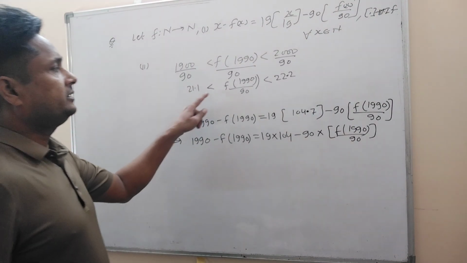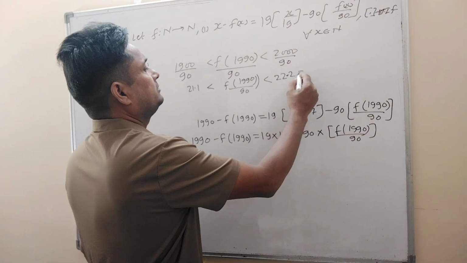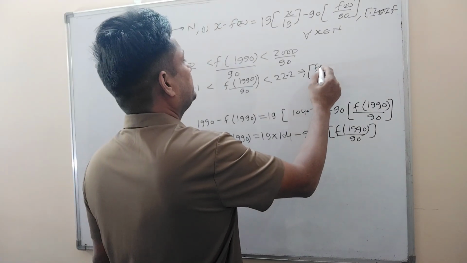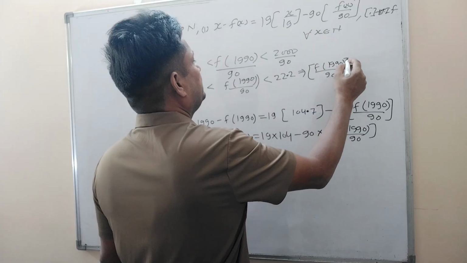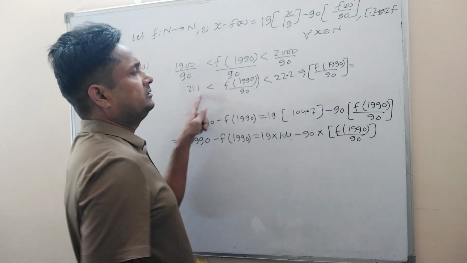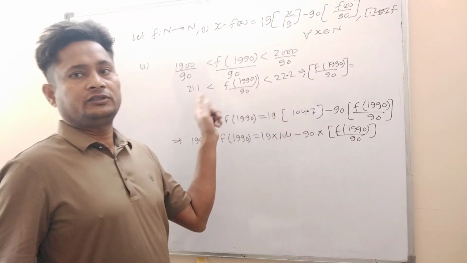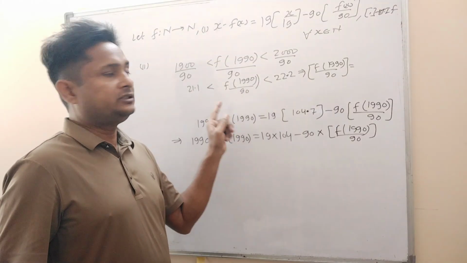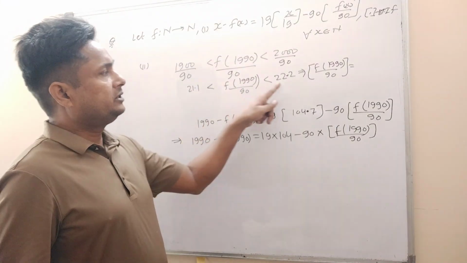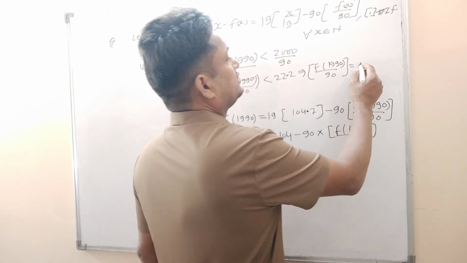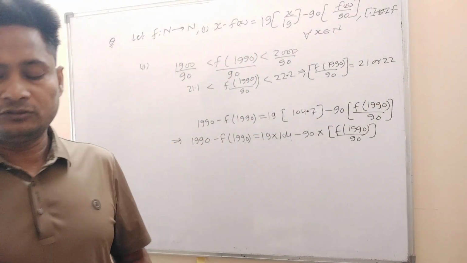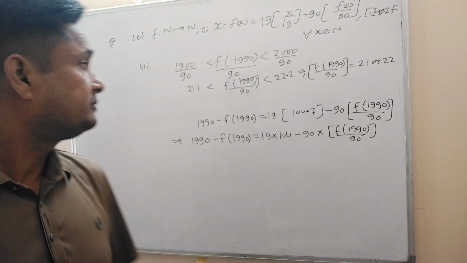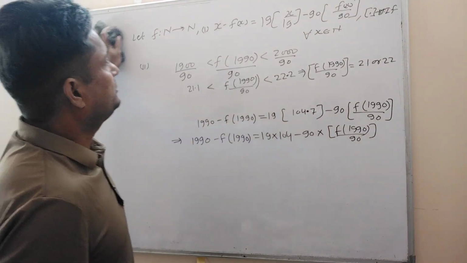So if you take the greatest integer of f(1990) by 90, what will be the possible integers? It will be 21 or 22. These are the two possible values. So find out the values now.